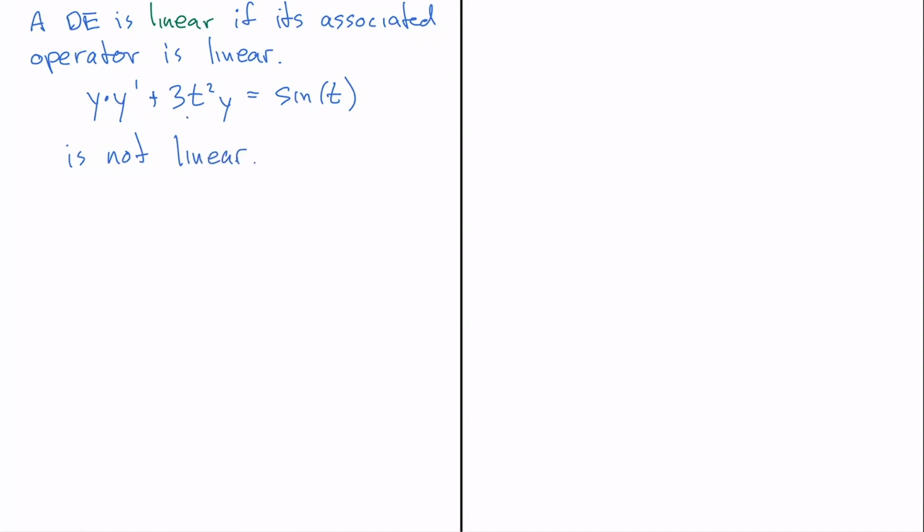And again, just like the 3t squared did not cause problems for linearity, this term on the right-hand side doesn't cause any problems either. And we call the expression, in this case sine of t, but in general the expression on the right-hand side, the one that has no y terms in it, an inhomogeneous term.